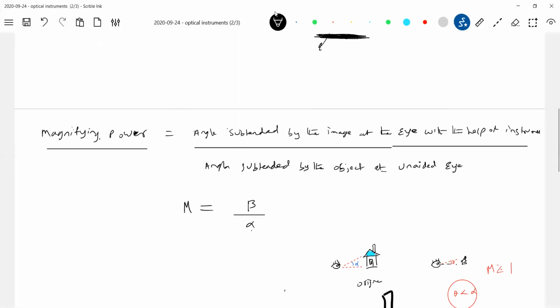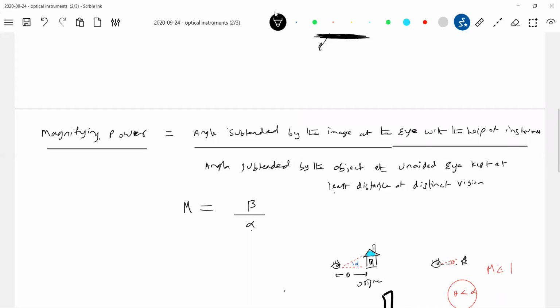Subtended by the object at the unaided eye, kept at a distance of least distinct vision. This was telling, so this should not be less than D in the definition, because I should compare.